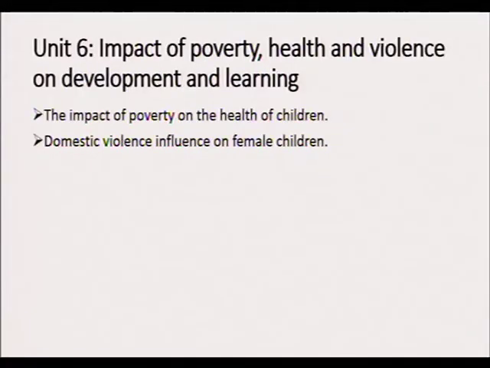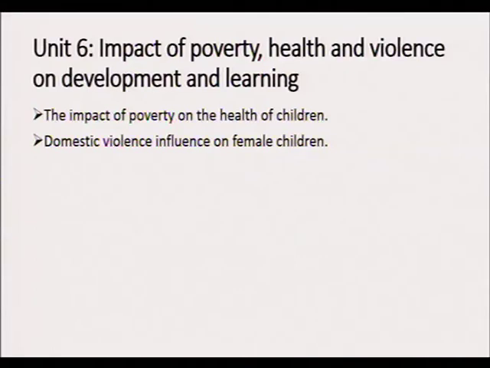And then we have question 5, which is coming from unit 6, and question 5 is our last question in the question paper. Our question 5 comes from unit 6. Unit 6 is the impact of poverty, health, and violence on development and learning.